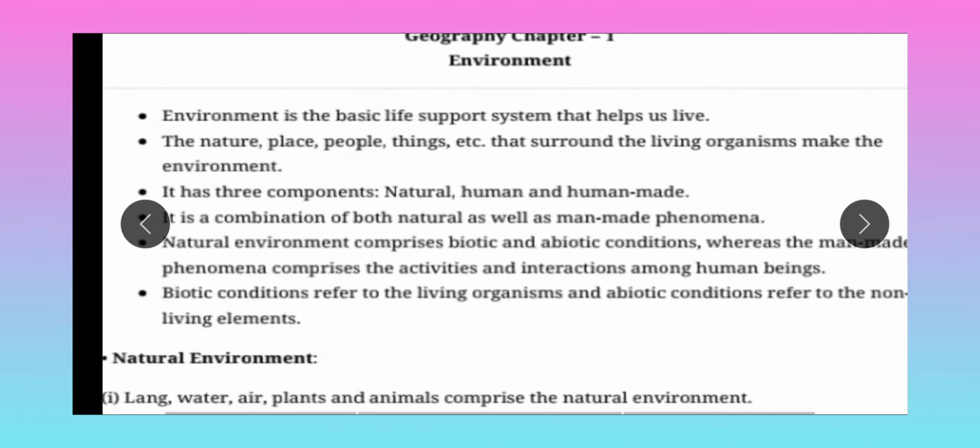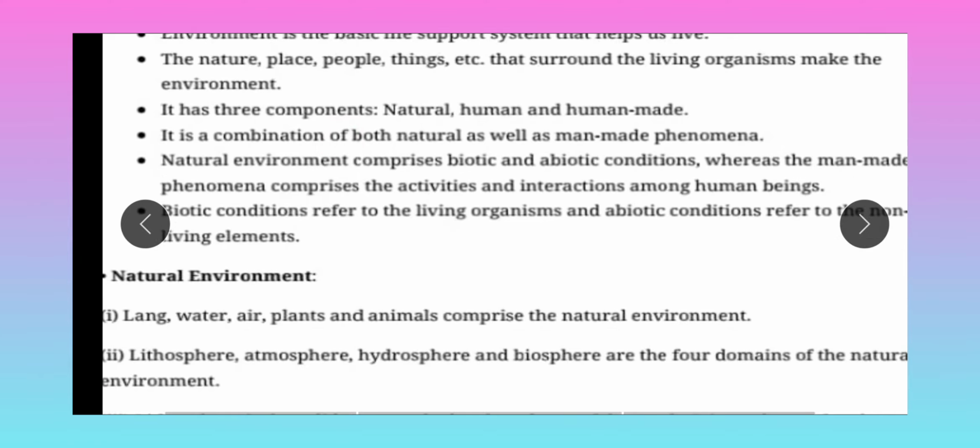Environment is the basic life support system that helps us live. The nature, places, people, things, etc. that surround living organisms make the environment. It has three components: natural, human and human-made. It is a combination of both natural as well as man-made phenomena.